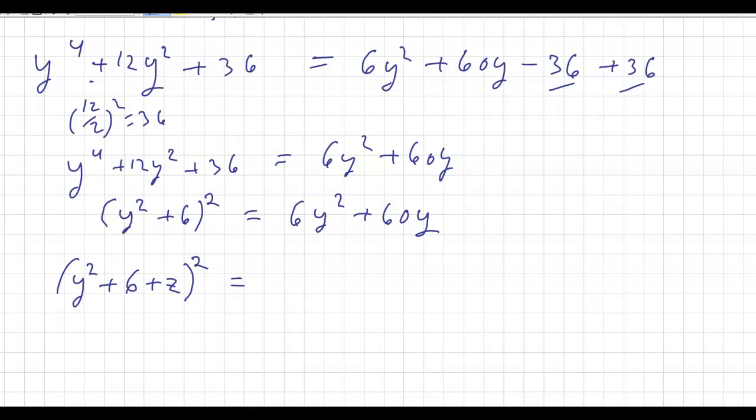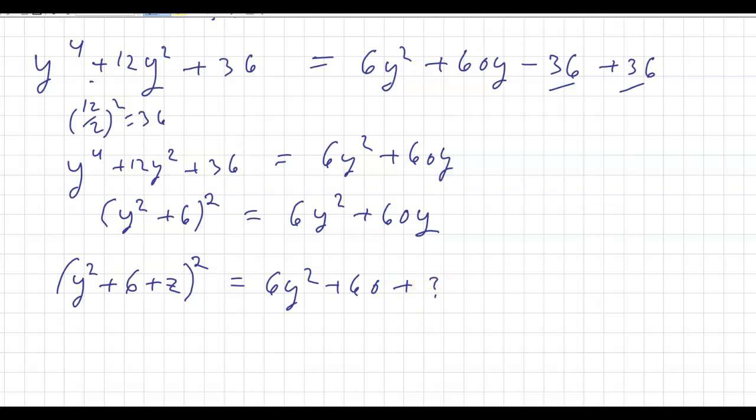I have to balance that out by putting some stuff on the right-hand side, and I can't just put a plus z on the right-hand side because that z is part of a whole thing that changes the left side by a lot more than z. I'm going to have to add something. But what exactly?